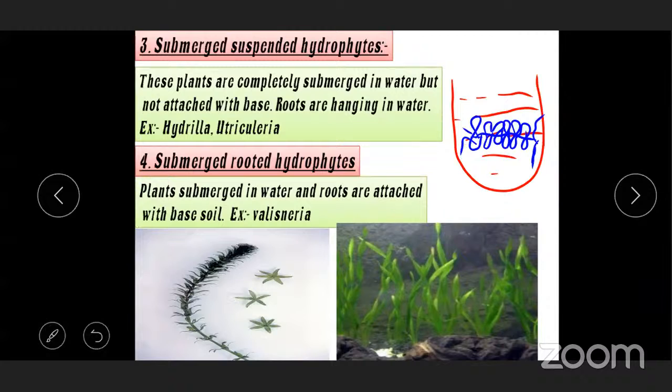The leaves are not floating on the surface of the water. That is why they are called submerged suspended hydrophytes.